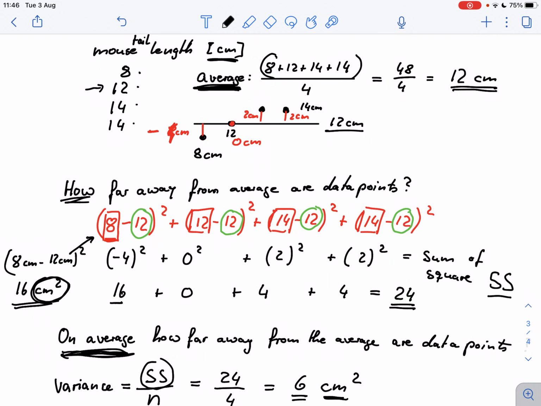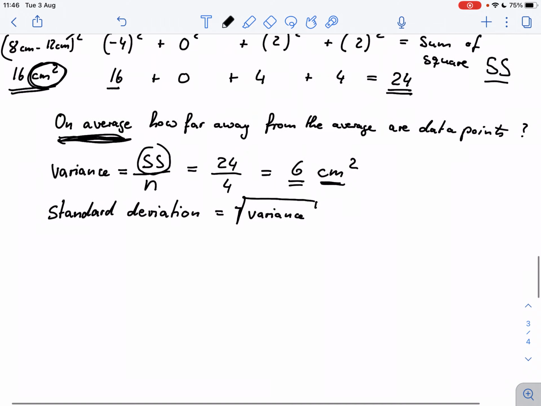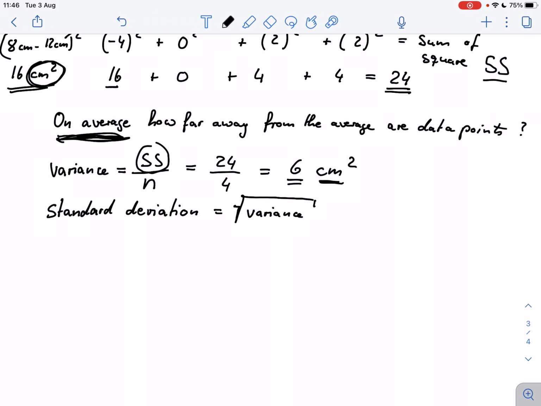Remember, we had the measurements in centimeters. And the standard deviation just simply is defined as the square root of the variance. Now I'm going to have a separate video on standard deviations. I just want to give you the equation for the variance.